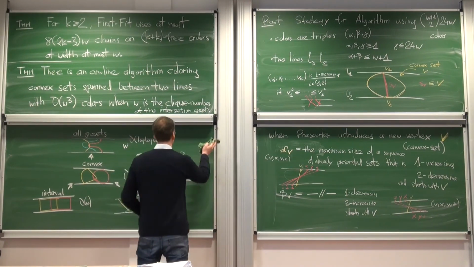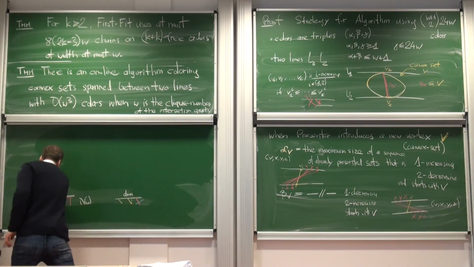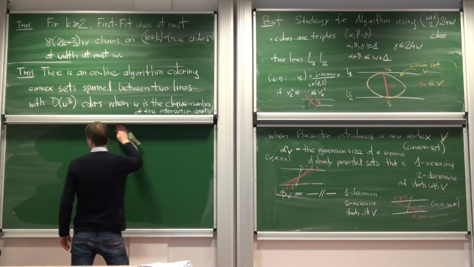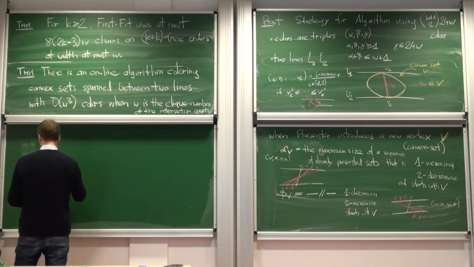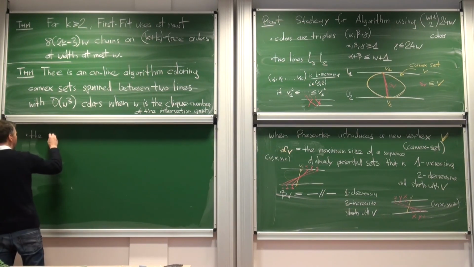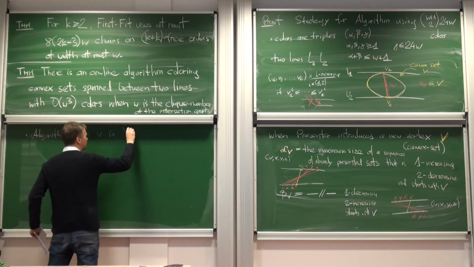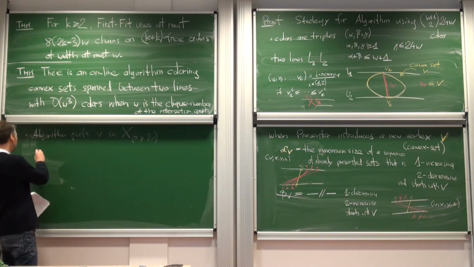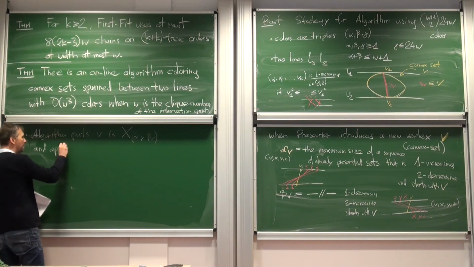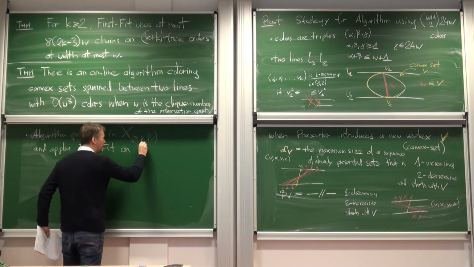So the algorithm puts V in the box alpha V, beta V, and within this box applies First-Fit.